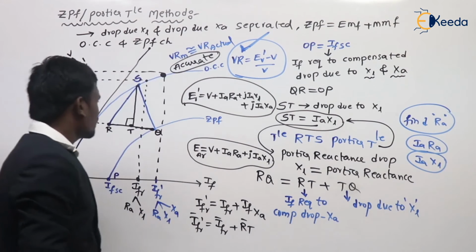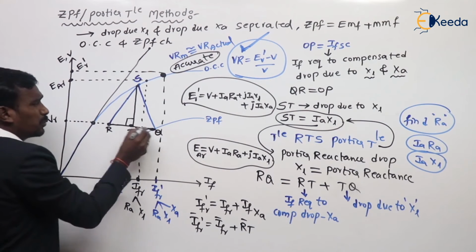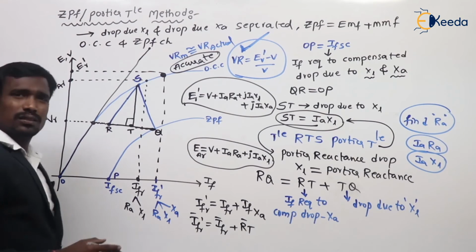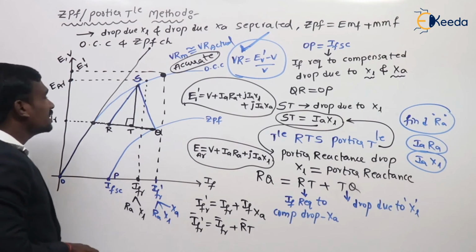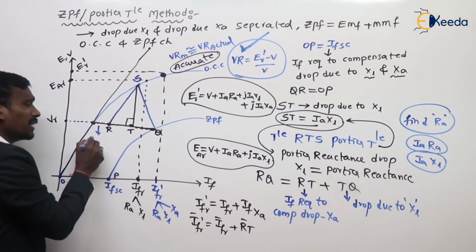What is that? Sir, actually you took it up to this, but why did you avoid this part? What is this part? This is also field current, of course. What is this field current?